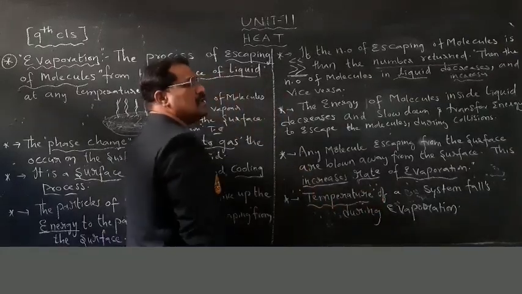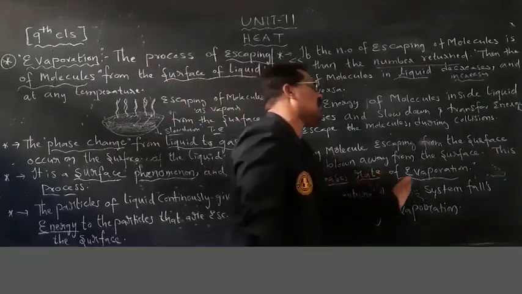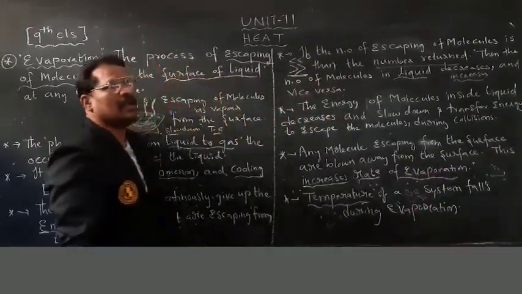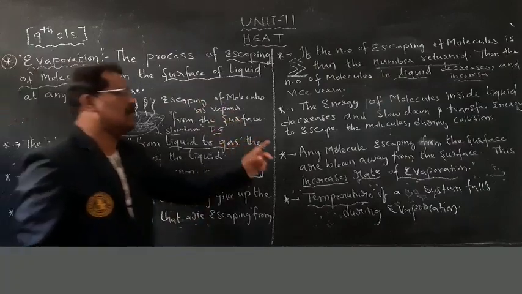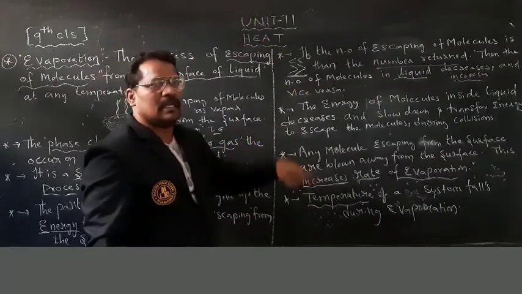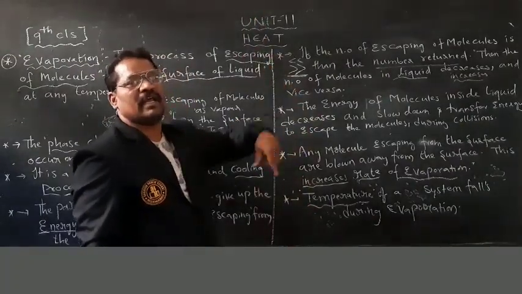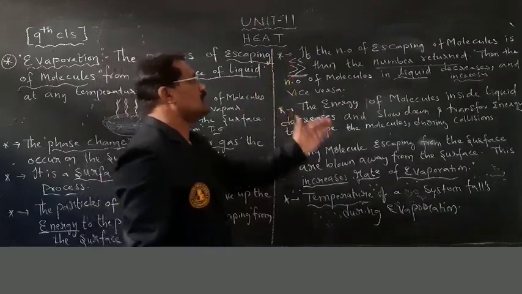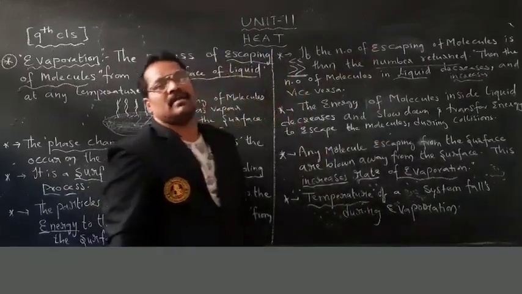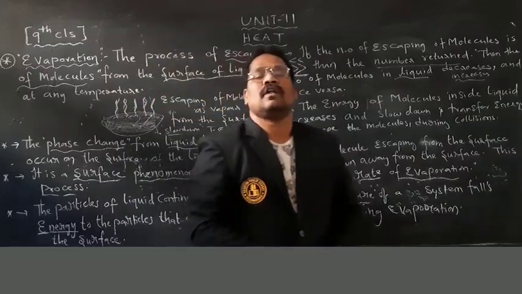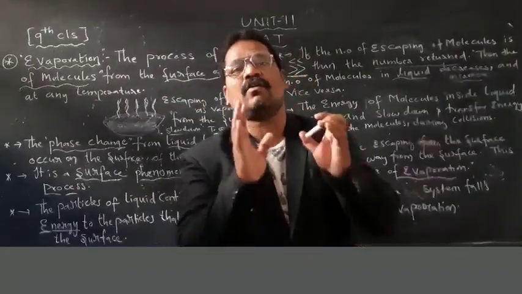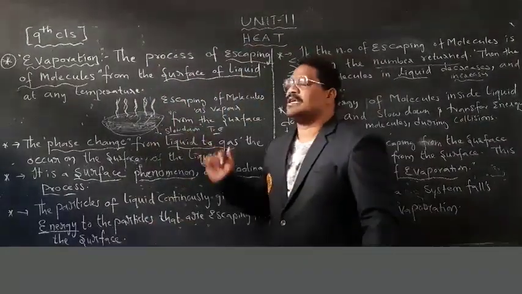It gives information about the temperature of the system during evaporation. Whether it is increasing or decreasing temperature, variation in temperature allows this process to take place. This is the total general introduction or concept about evaporation.